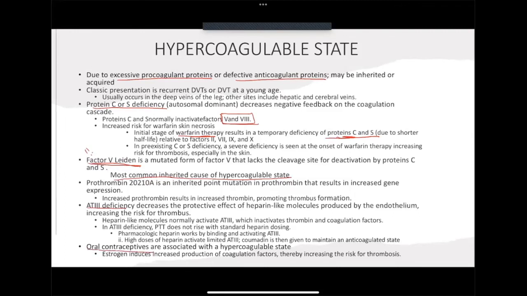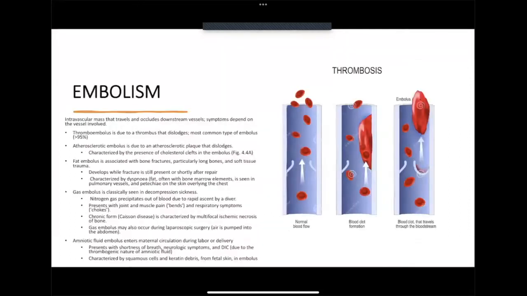This is very important to know, especially if you have a young woman coming in. You want to ask her if she's on oral contraceptives, because the estrogen increases the production of coagulation factors, so it increases your risk of thrombosis.